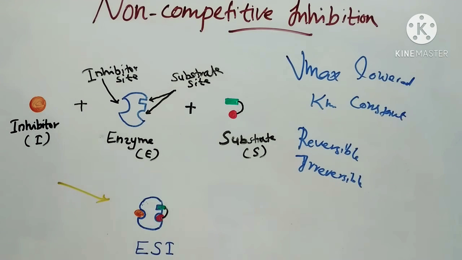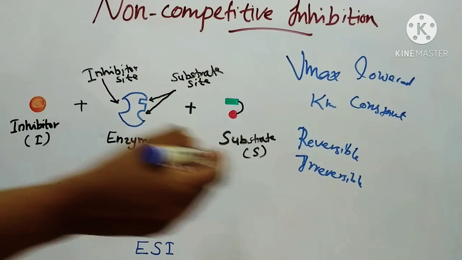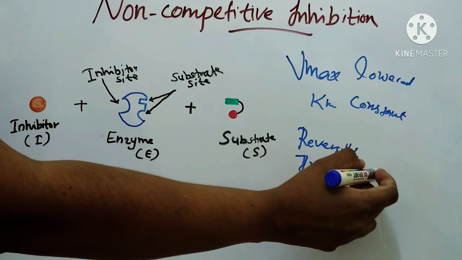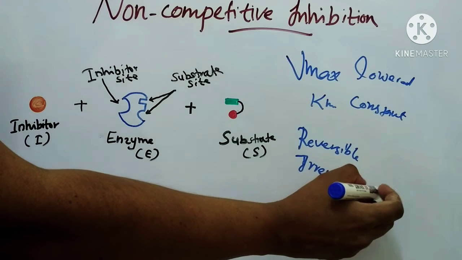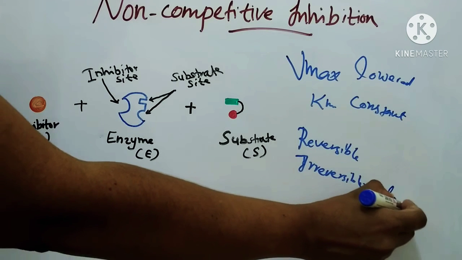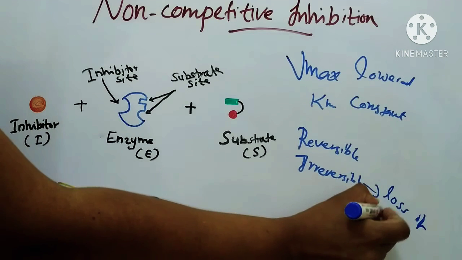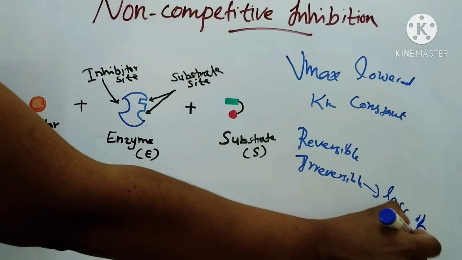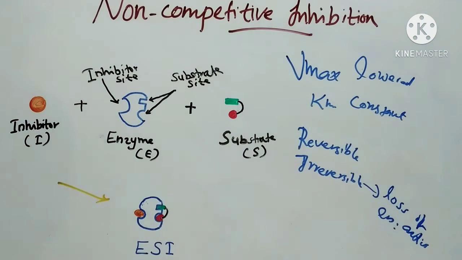And if the inhibitor can be removed only at the loss of enzyme activity, it is called irreversible non-competitive inhibition. Then the kinetic properties in both cases are the same.